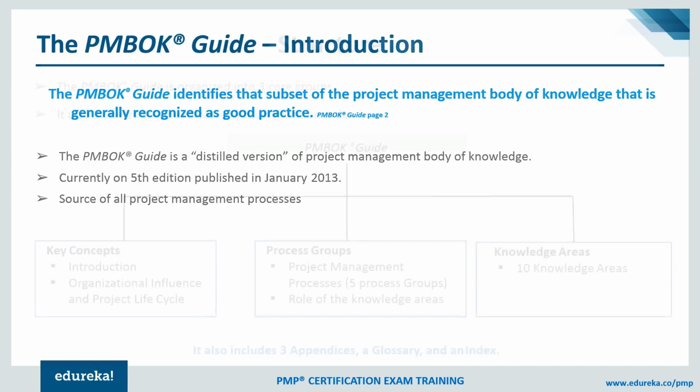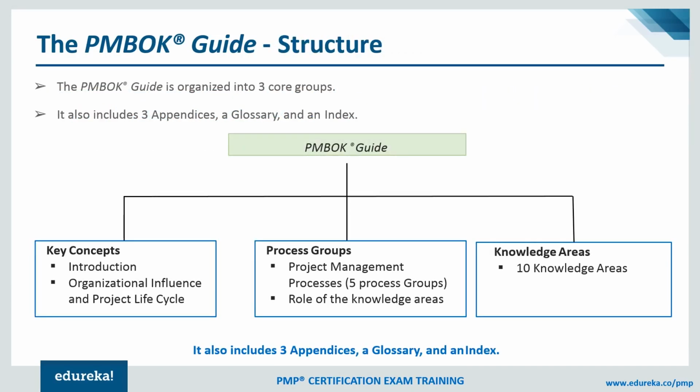This entire PMBOK guide is divided into 3 sections. Your key concepts, where we talk about the basics and the factors which can influence the project management framework, and the process groups. So there are 5 process groups or 5 domains of project management: initiating, planning, executing, monitoring and controlling, and closing. And the third section is your knowledge areas.